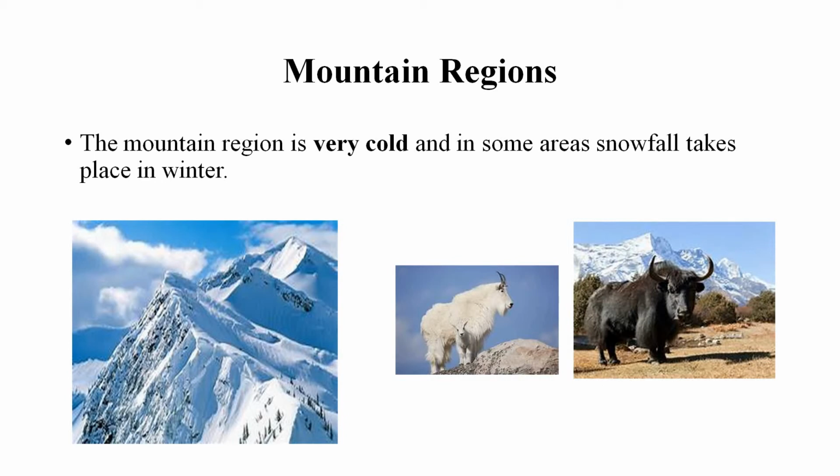The leaves of such trees are needle-shaped. Students, the needle shape of leaves helps in preventing accumulation of rainwater or snow on them, and thus they are not damaged due to snow.